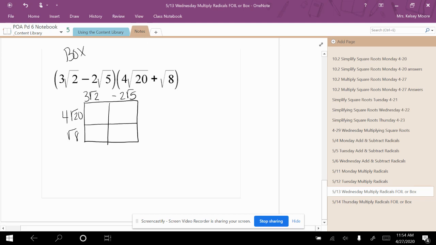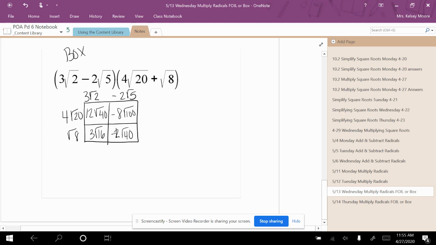Alright, multiplying together, you should get 12 square root 40, negative 8 square root 100, 3 square root 16, negative 2 square root 40.